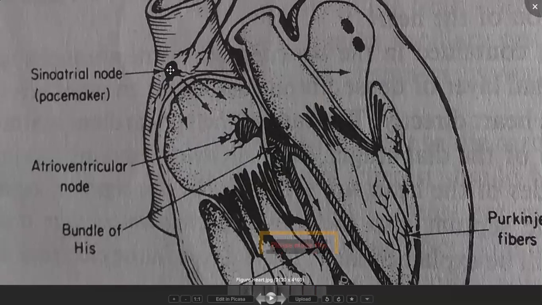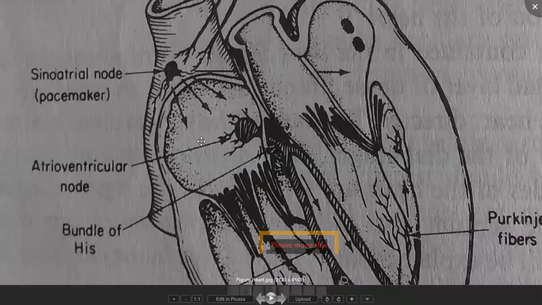The excitation pulses are initiated by the sinoatrial node. These impulses are sent to the atria, both the right atrium and left atrium, and due to those excitation pulses both are excited.